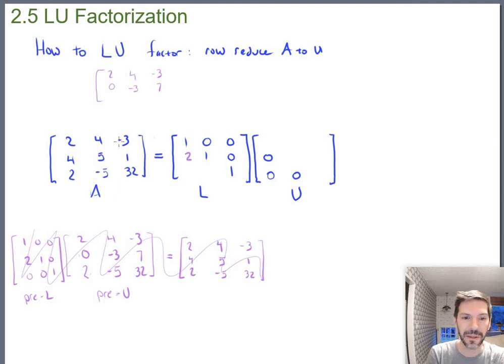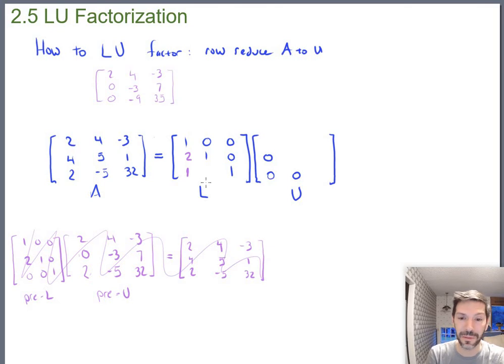I'm going to do the same thing again to get row 3. I would do -1 of row 1 added to row 3. So that would be 0, -9, 35. And the opposite of -1 is +1, so I need a +1 right there.